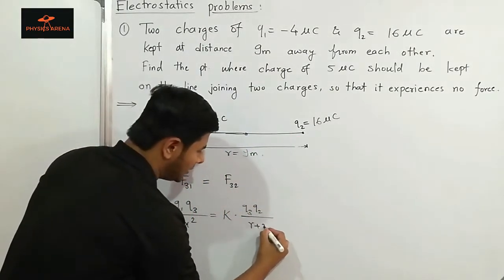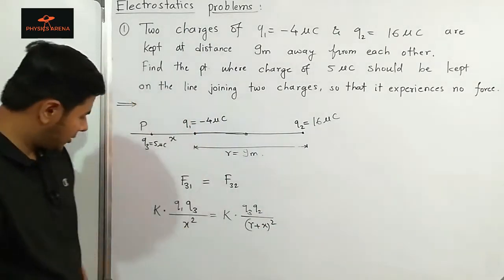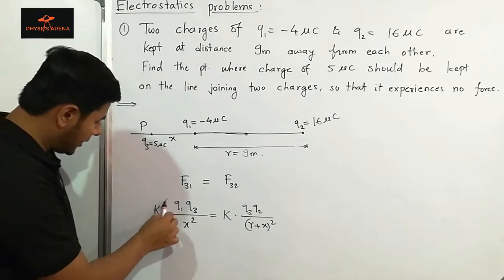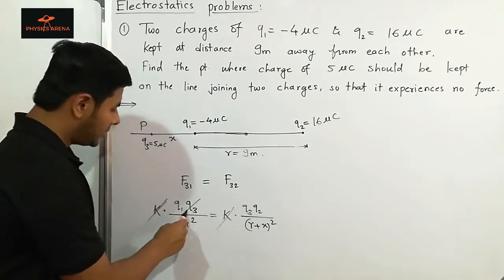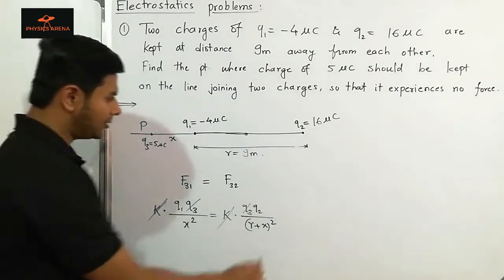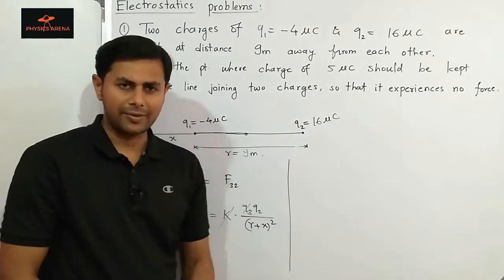So it is r plus x squared. Now let us do these cancellations. K and K get cancelled out. Q3 and Q3 get cancelled out. So it does not matter what is the magnitude of that third charge.